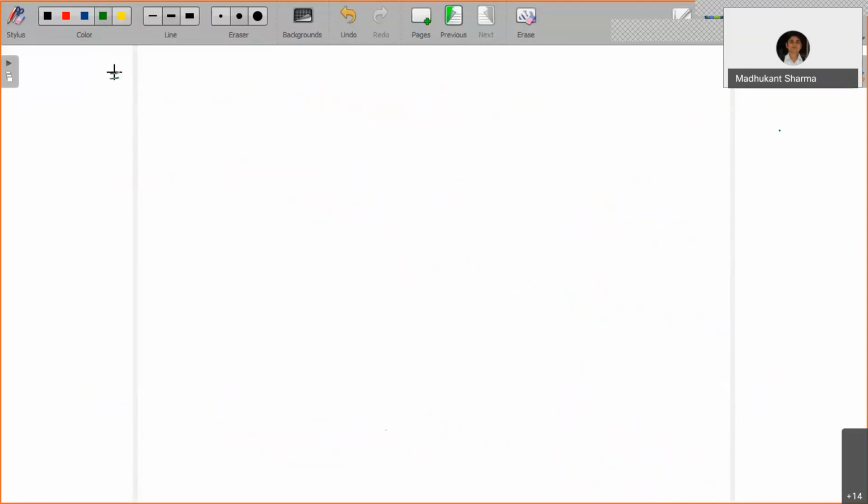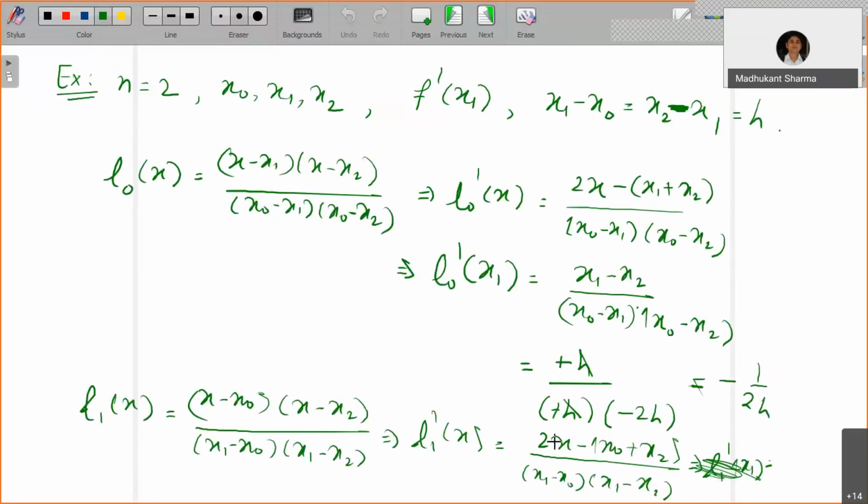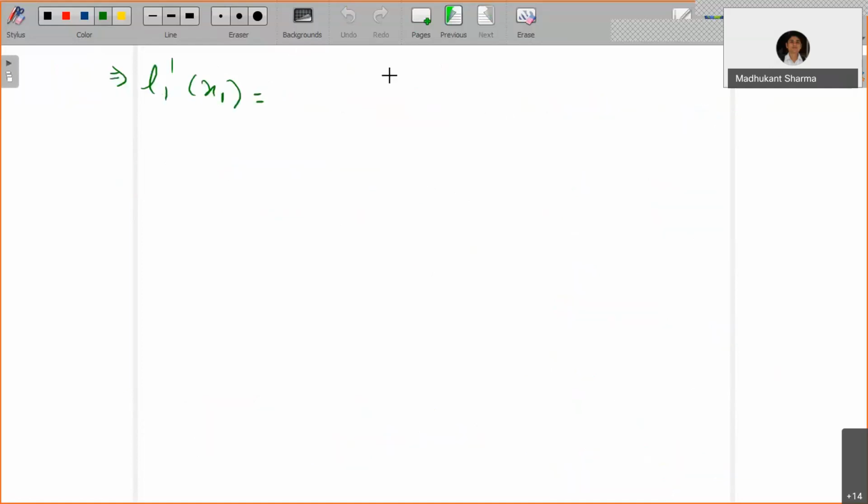So this will imply L1 dash at x1 is equal to 2x1 minus x0 plus x2 in the numerator.